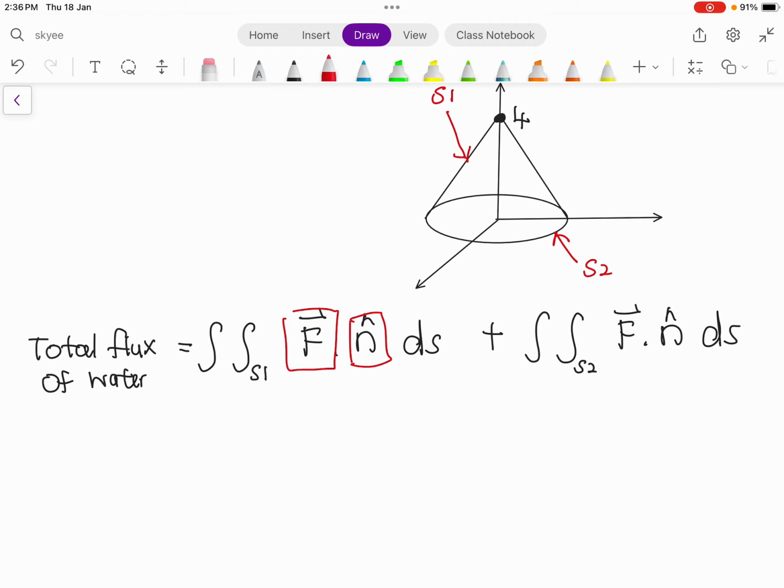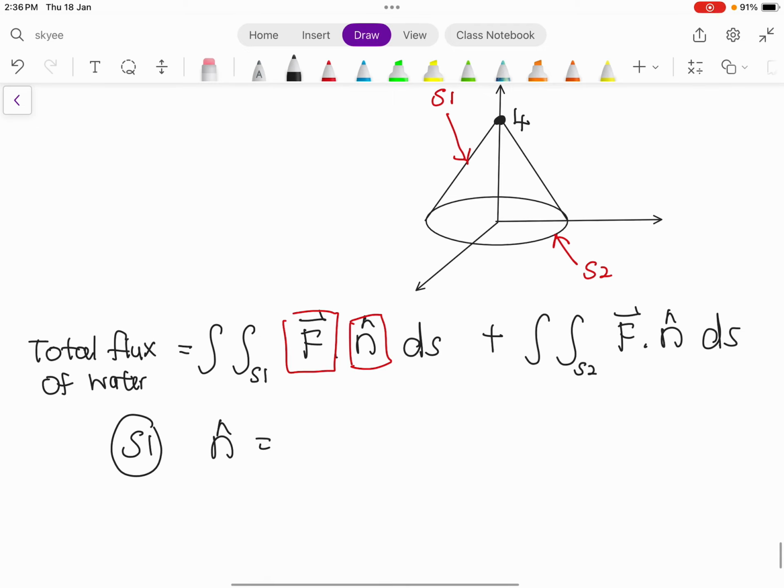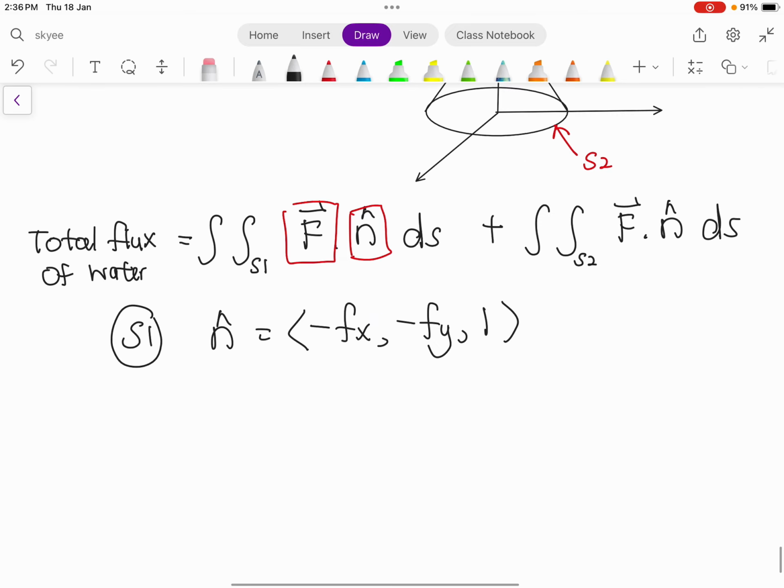So we look at the n for surface 1. The n mentioned by the question is oriented outward, so you will use the equation negative fx, negative fy, 1, over the square root of fx squared plus fy squared plus 1.